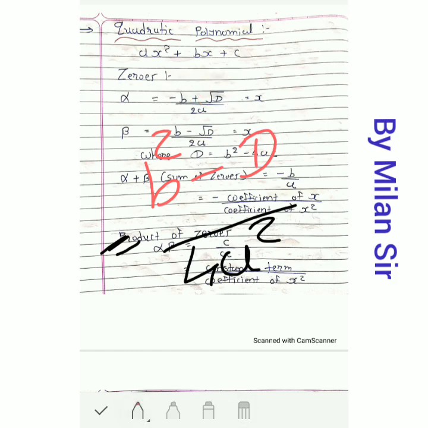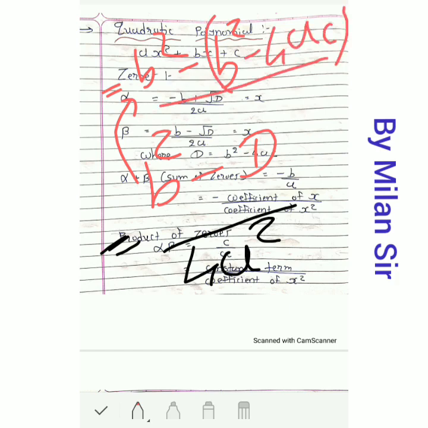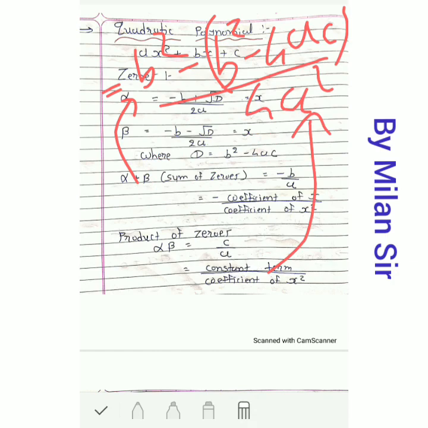Now d is equal to b square minus 4ac. So this b square as it is, and in place of d I am writing b square minus 4ac, divided by 4a square as it is. Now open this bracket.